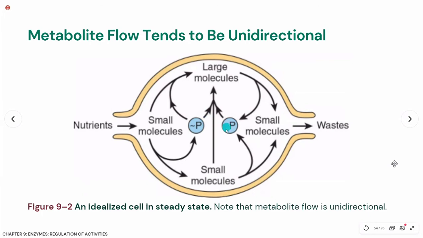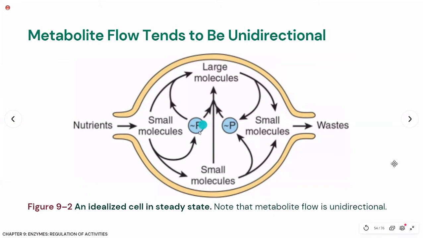Now, in relation to enzymes, there are enzymes that when you put a phosphate, it becomes active. There are also enzymes that when you put a phosphate, it becomes inactive.